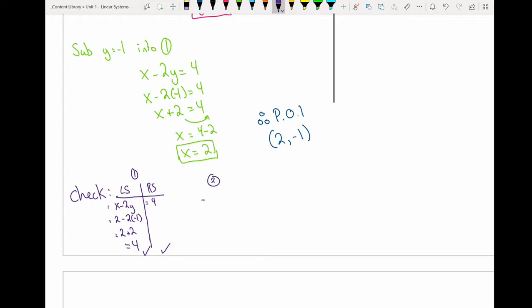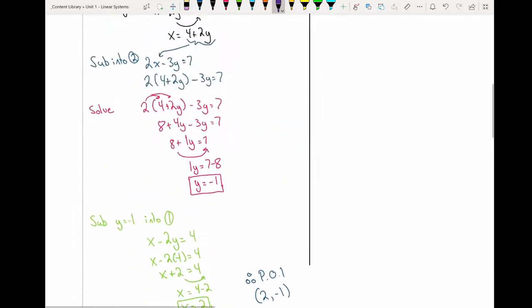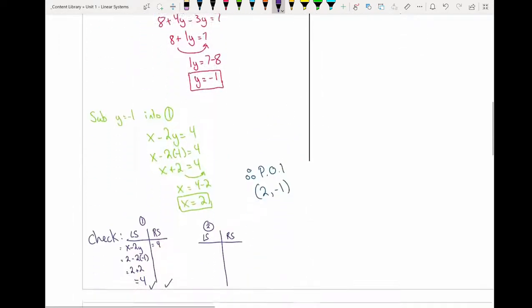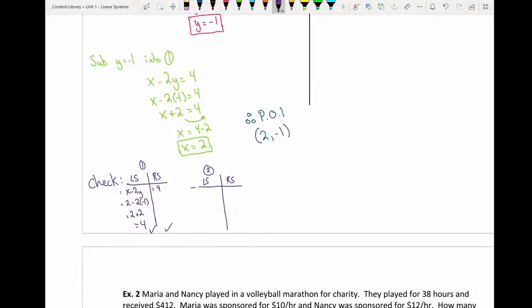Equation 2, again, I'm going to do left side equals right side. Equation 2 I haven't used much of, so 2x minus 3y, 2x minus 3y equals 7. So then 2 times 2 minus 3 times -1. So we get 4 plus 3, 7.